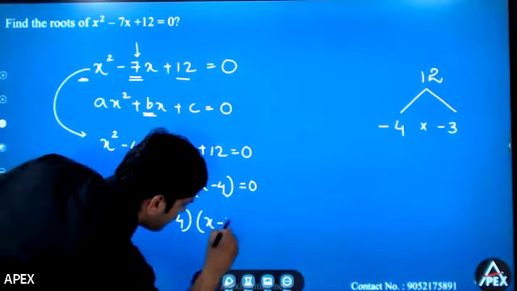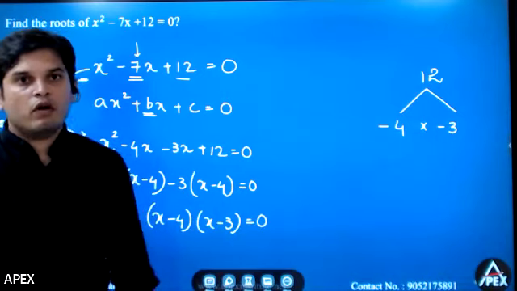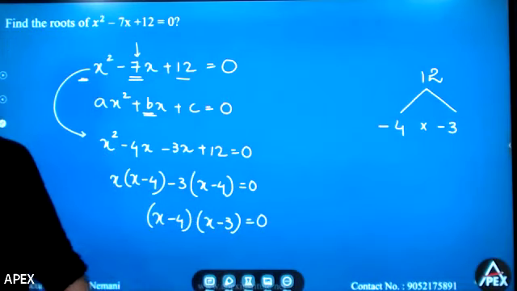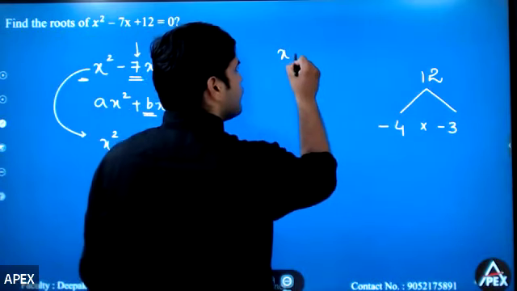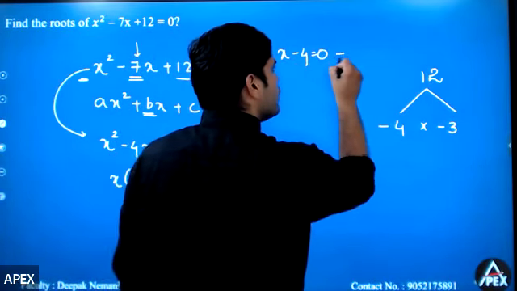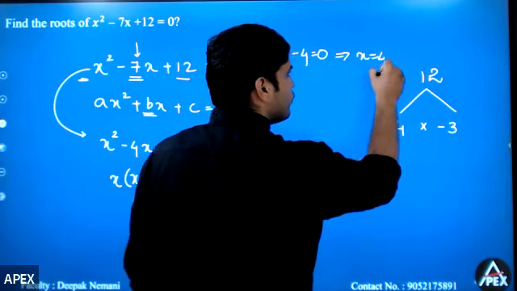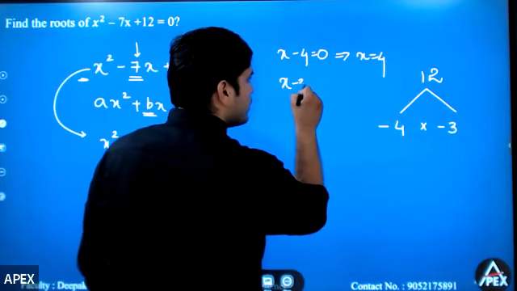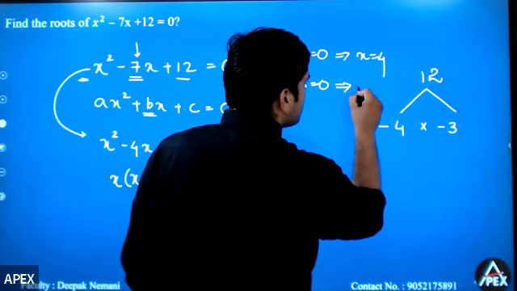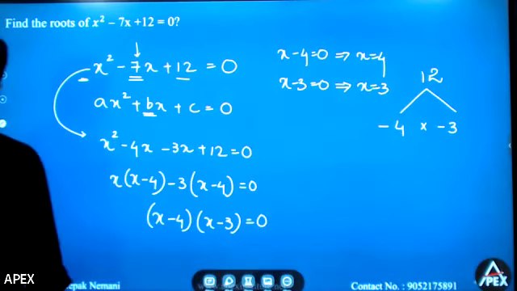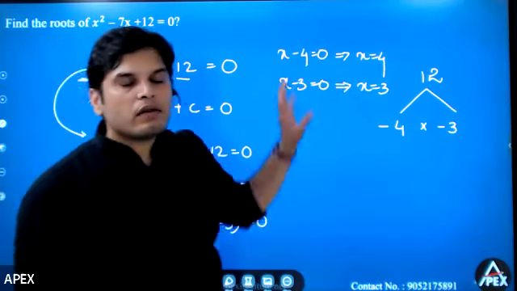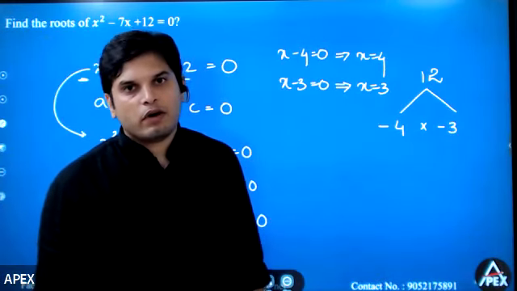Now, if product of two numbers is equal to 0, then one of the numbers should be 0, isn't it? So you can have either x minus 4 is equal to 0, which implies x is equal to 4, or x minus 3 is equal to 0, which implies x is equal to 3. Clear? So these are the two roots of this quadratic equation.